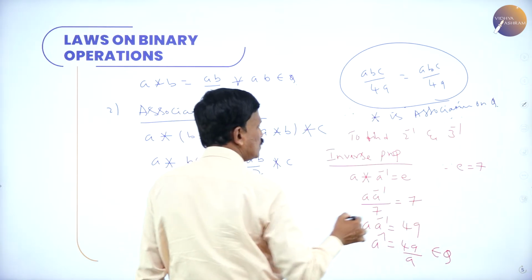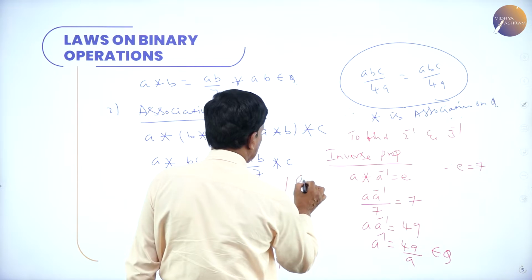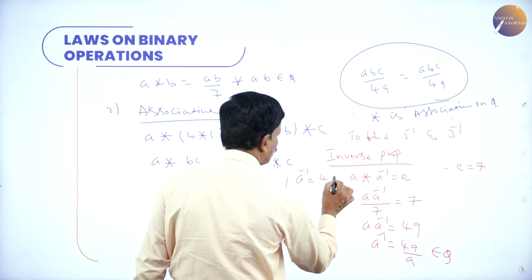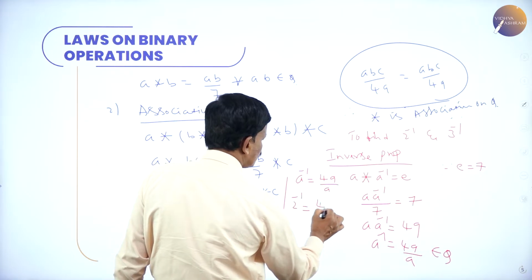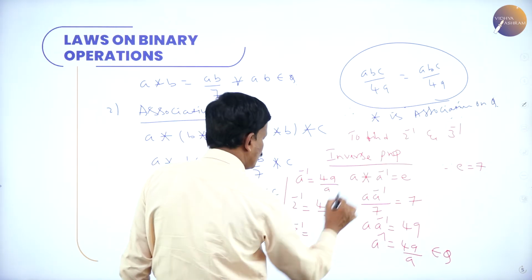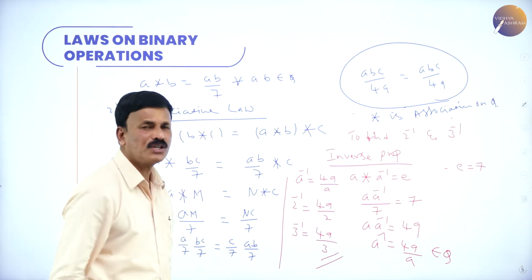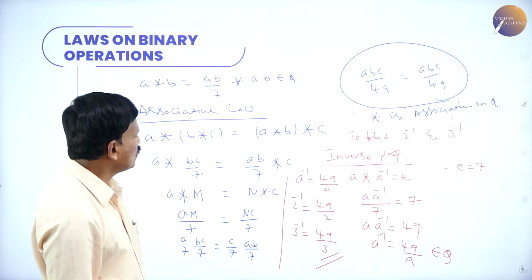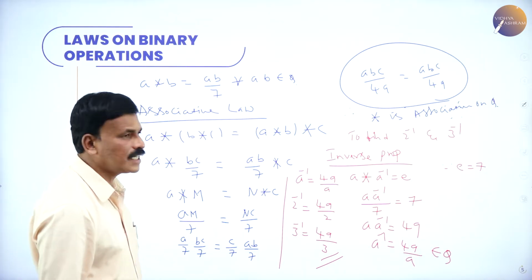Therefore a inverse is equal to 49 divided by a. Now the inverse of 2 is 49 by 2, and for the inverse of 3 we are going to put 49 by 3. This is how we are going to find the inverse. So the inverse of 2 is 49 by 2 and the inverse of 3 is equal to 49 by 3.